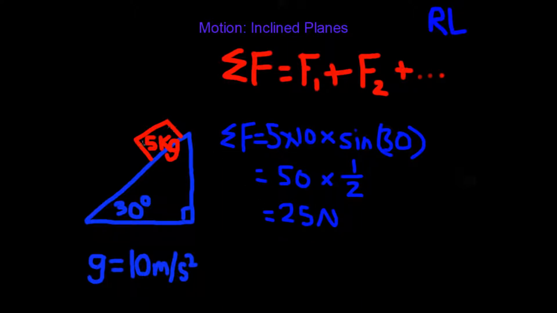Therefore, we have a net force on this 5 kilo block of 25 newtons going down this way. And then therefore the acceleration of a 5 kilogram object being pushed with 25 newtons of force is just 25 divided by 5, or 5 meters per second squared.